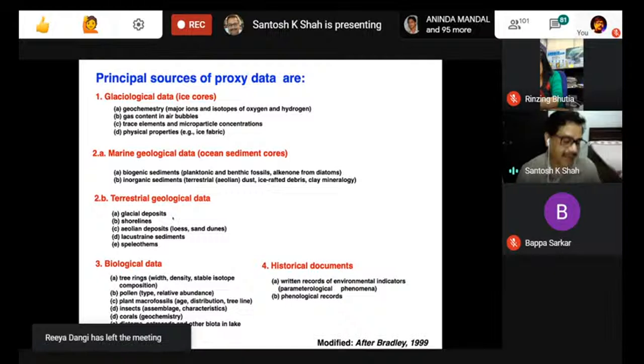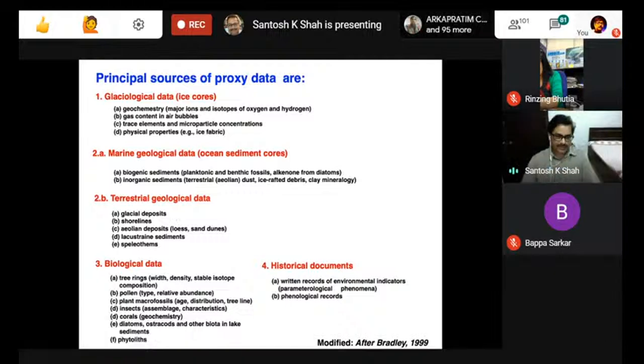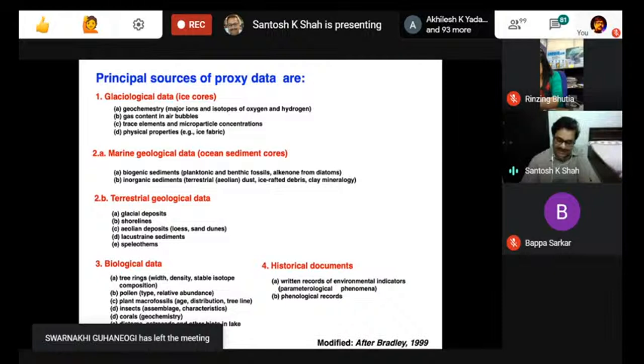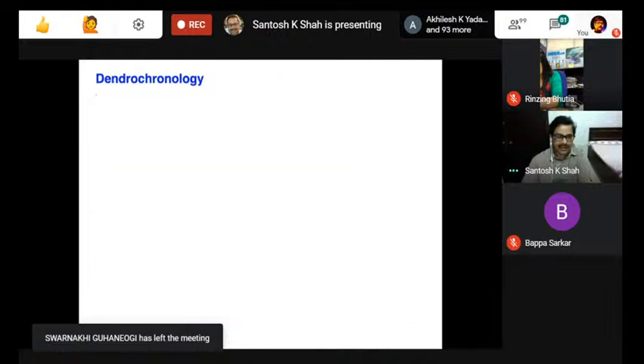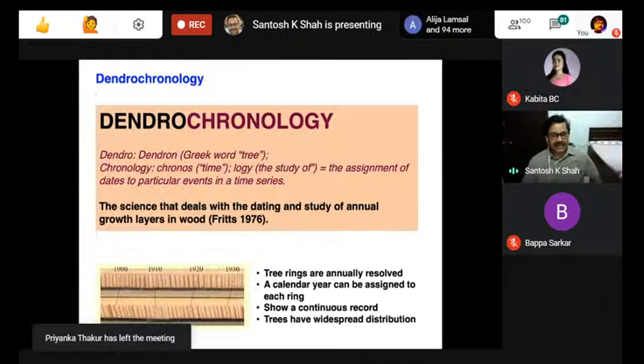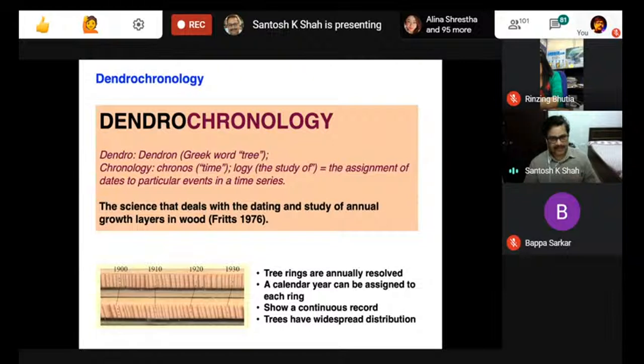In our institute, most of the scientists work on different proxy records. That's why our institute is named Birbal Sahni Institute of Palaeosciences, because we study all these proxy records. I'm talking about dendrochronology, because it is a high resolution proxy record, and with its help we can reconstruct climate data annually.